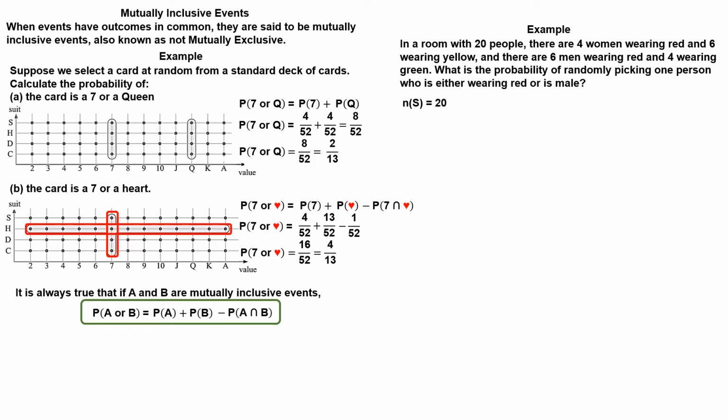The number of red is 4 women plus 6 men. The number of men is 6 wearing red plus 4 wearing green. Red and male are mutually inclusive events because there are men wearing red. Six men are wearing red.